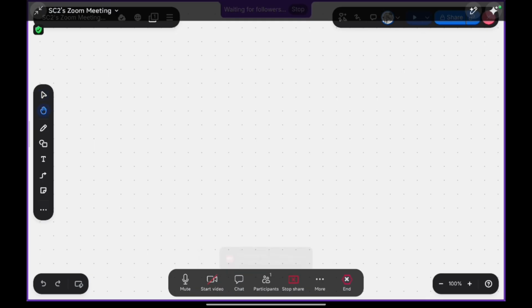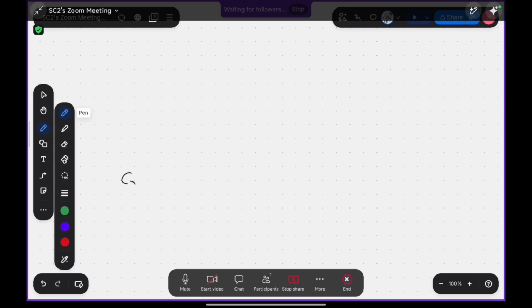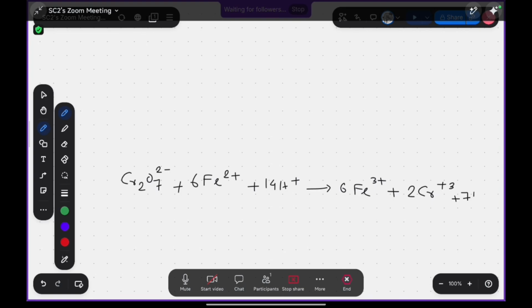Obviously you need to write the balanced equation again, and the balanced equation is something like this. Cr2O7 2 minus, dichromate ion, with 6 Fe2 plus, 6 ferrous ion, with 14 H plus gives 6 ferric ion plus 2 chromium 3 plus and 7 H2O.